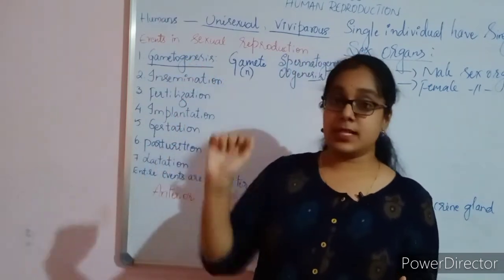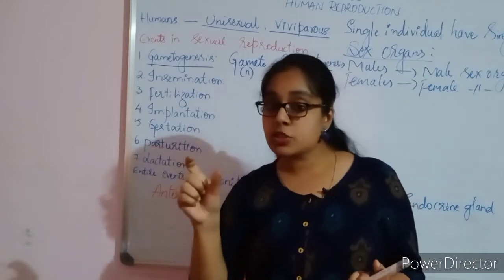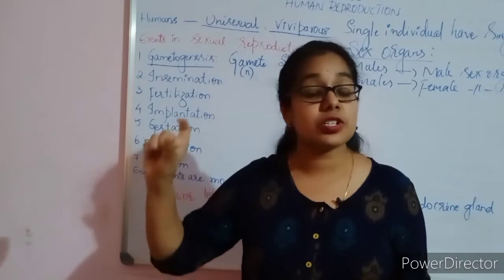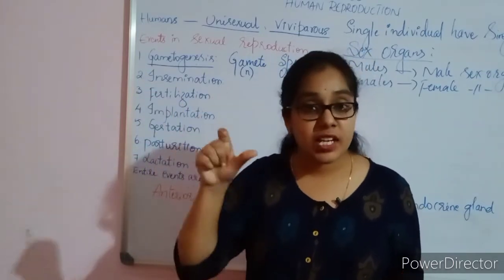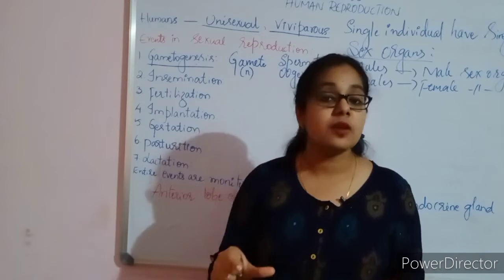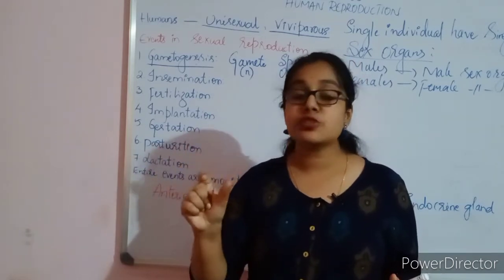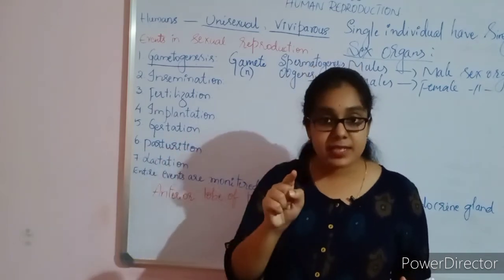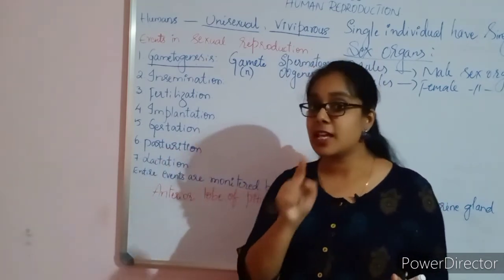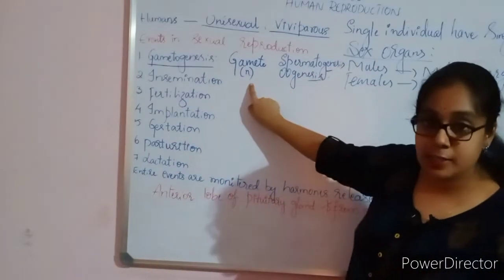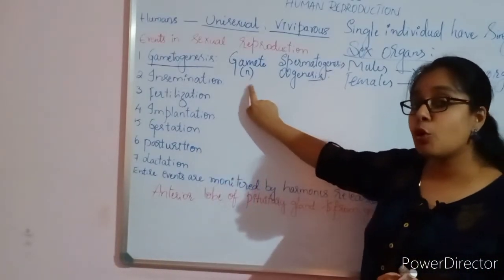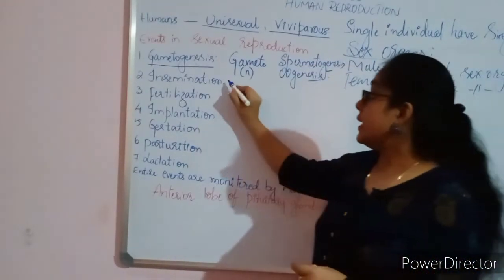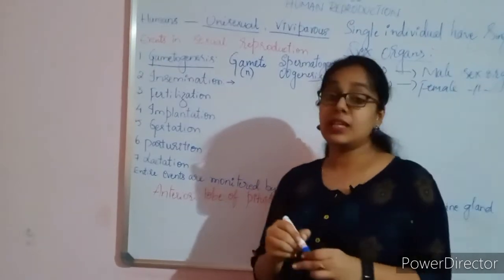Coming to germ cells, they always show meiotic division, which is a reductional division. When the reductional division takes place in the germ cells, it leads to the formation of gametes. Since it is a reductional division, gametes formed after meiosis are always haploid. This is most important. Clear to you?